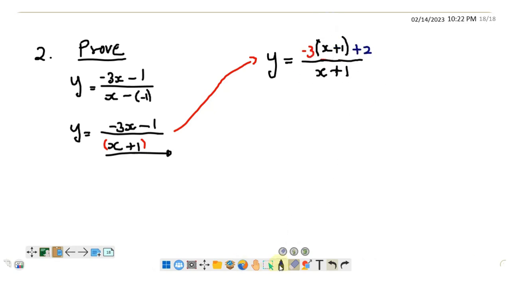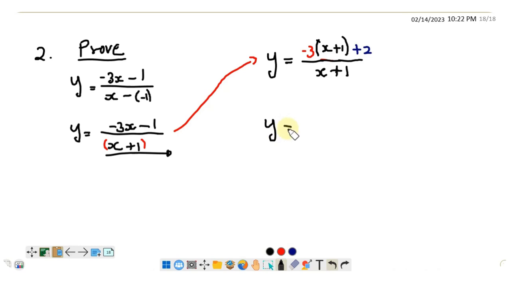So here it is, guys. Now we have x plus 1 on the top as well. Once you have the denominator also on the numerator, you separate the terms.